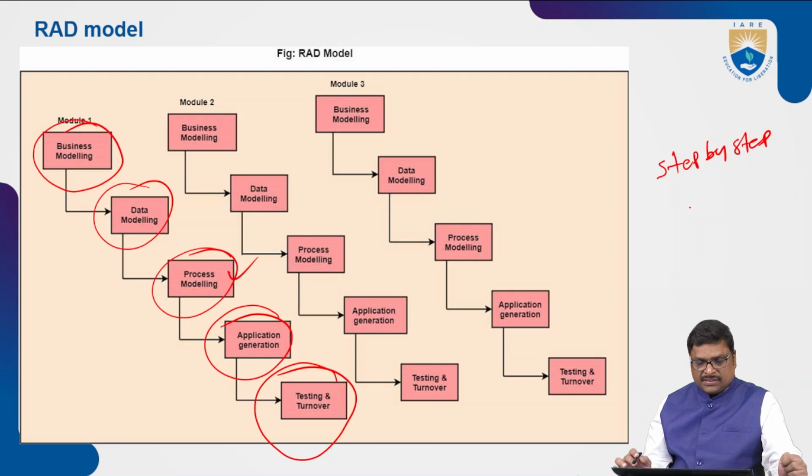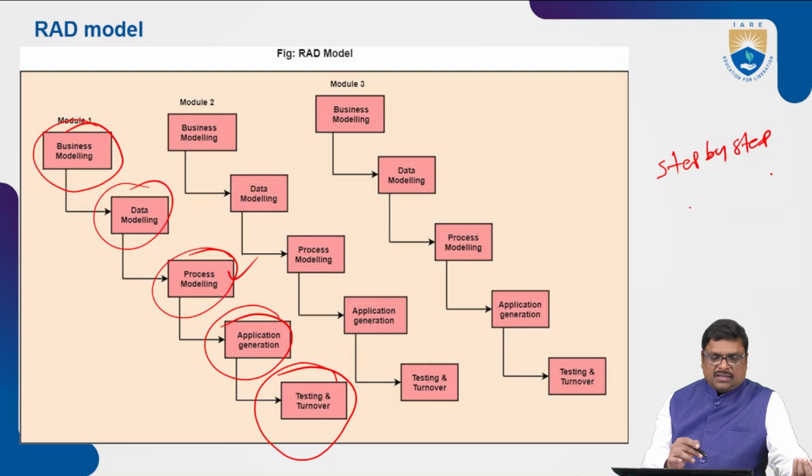Then application generation, which is nothing but developing the software. Then you have to test the application, and turnover has to be done. These are the different activities in module 1: business modeling, data modeling, process modeling, application generation, and testing and turnover.